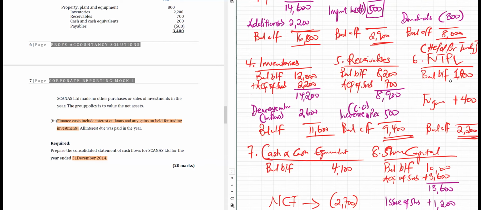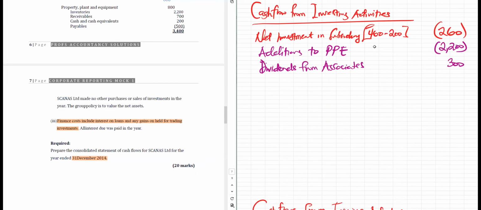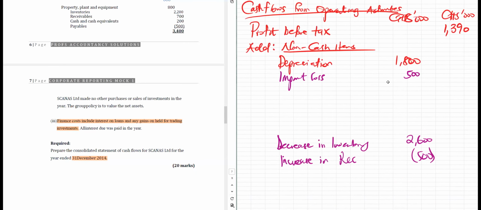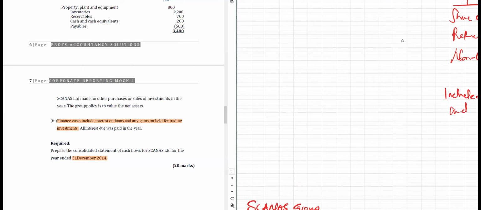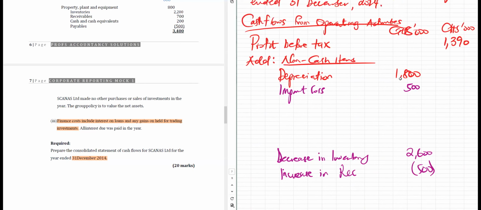Hey, the fair value gain, we didn't reverse it. The fair value gain was already in here. So in that case, if we want to reverse it, we can just bring the finance cost we saw on the face of the account, right?